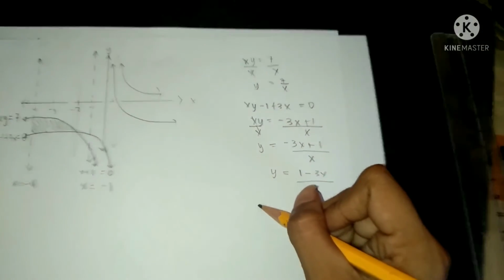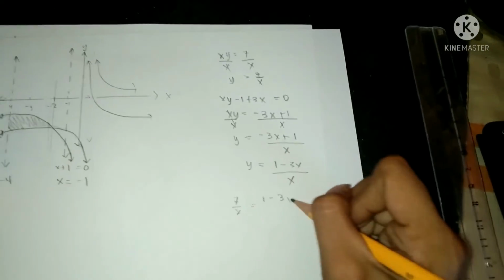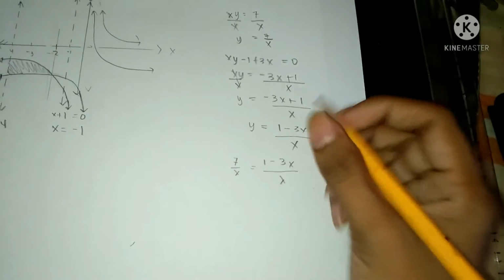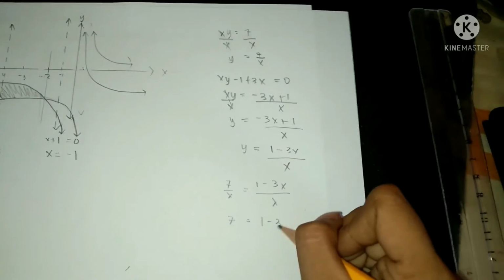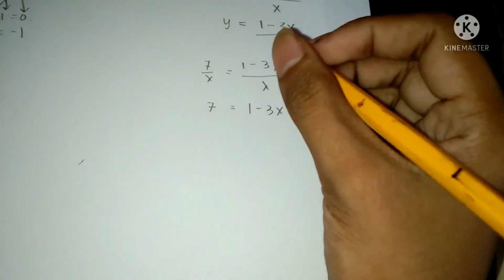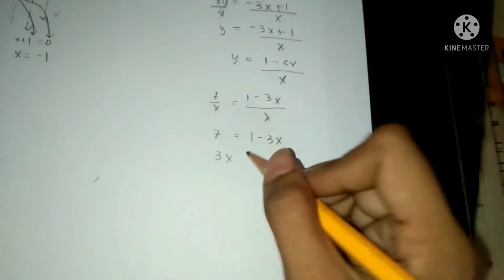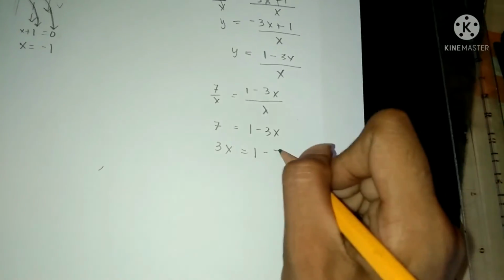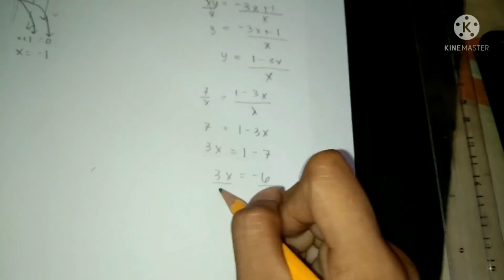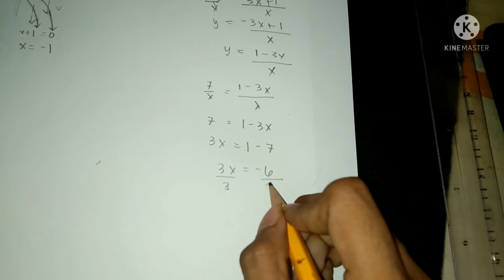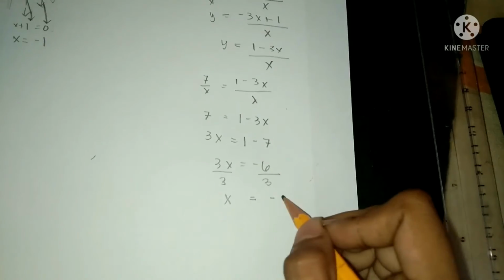So, 7 over x is equal to 1 minus 3x over x. 7 is equal to 1 minus 3x. So, 3x, transpose natin yung 7, magiging 1 minus 7, it will become 3x equal to negative 6, divide both sides by 3, magiging x is equal to negative 2.